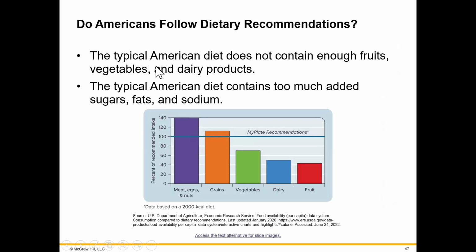The standard American diet, as I like to call it, or SAD, is one that does not include enough fruits and vegetables or dairy products, but has too much sugar, fat, and sodium. And you see where the My Plate recommendations are trying to change that here.